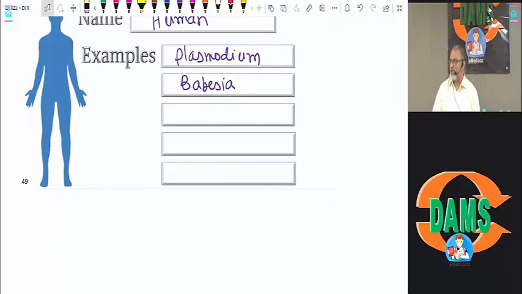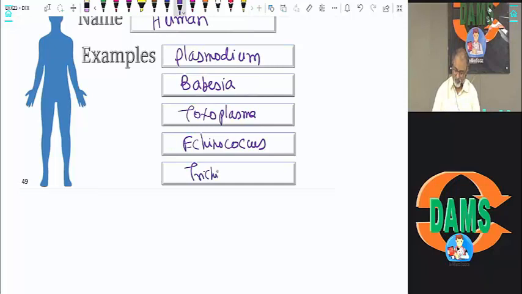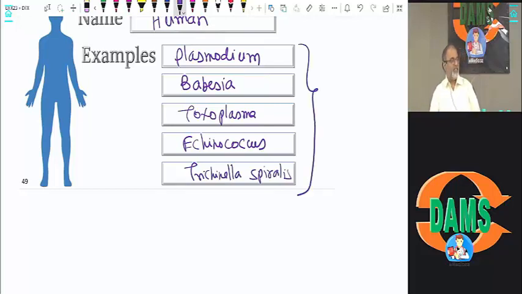In some conditions, man is the dead end intermediate host. Dead end intermediate host: Toxoplasma, Echinococcus, and one more, Trichinella spiralis. In all these conditions, human acts as an intermediate host.